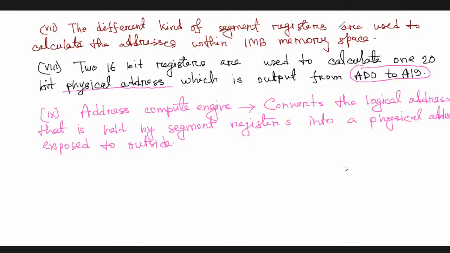One more thing I'd like to tell you: the logical address is a 16-bit address, and the physical address is a 20-bit address. If you look at the diagram, you see something like that. That is actually called the address compute engine.